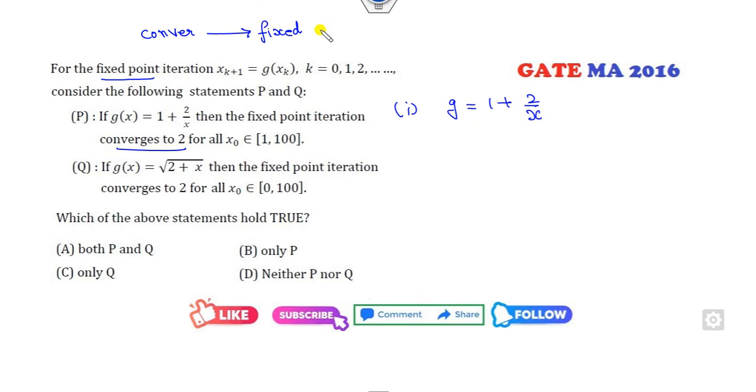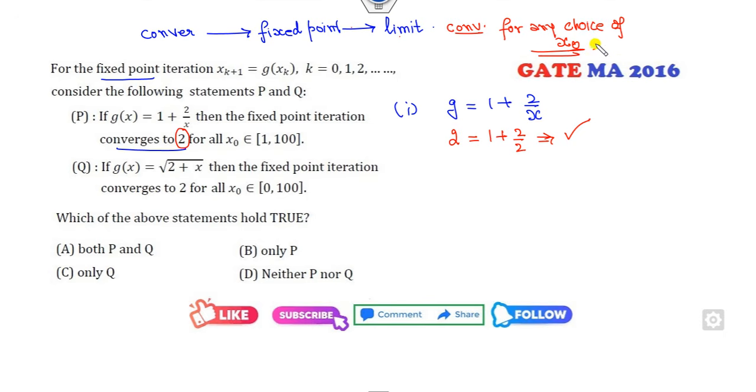If it is convergent, then it converges to the fixed point, and that fixed point will be the limit. Fine. So we will see whether 2 satisfies, whether 2 is a fixed point or not. Yes, satisfied. So once it is a fixed point, if it converges to a fixed point, then it is convergent for any choice of x naught.